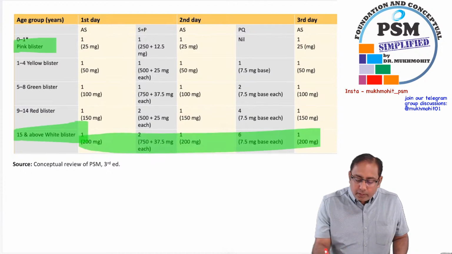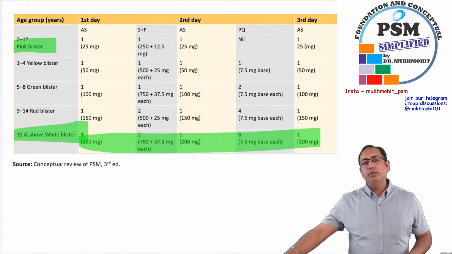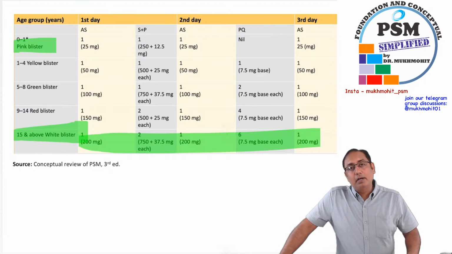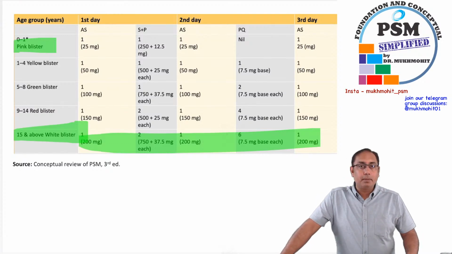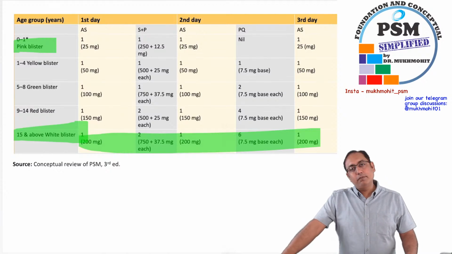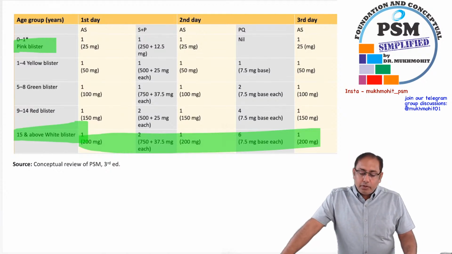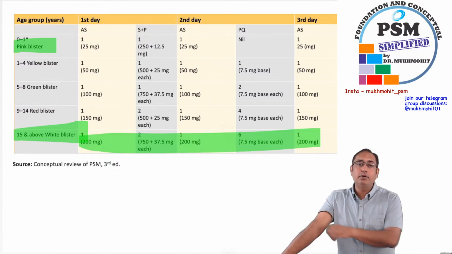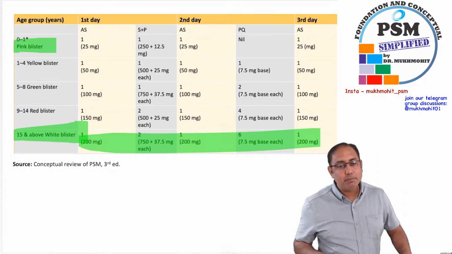If you forget everything, at least you can remember the adult dose. The adult dose is 200 milligram artesunate plus sulfadoxine and pyrimethamine. Sulfadoxine is 750 and pyrimethamine is 37.5 milligrams. Alongside, we also give primaquine as single dose at the rate of 0.75 milligrams per kg body weight.